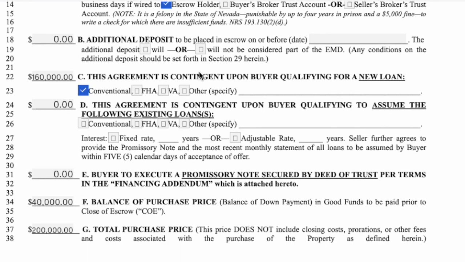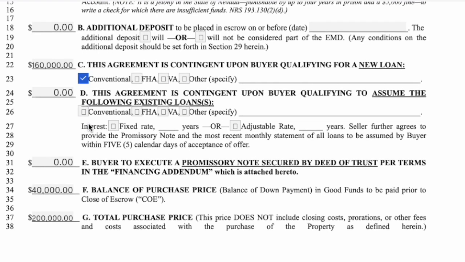Here it says that this agreement is contingent upon buyer qualifying for a new loan of $160,000. You have a few options here, and we're saying we're going the conventional route. If you have FHA, VA, or another financial institution that you're going to get that aid from, you can specify it there. This agreement is contingent upon buyer qualifying to assume the following existing loan.